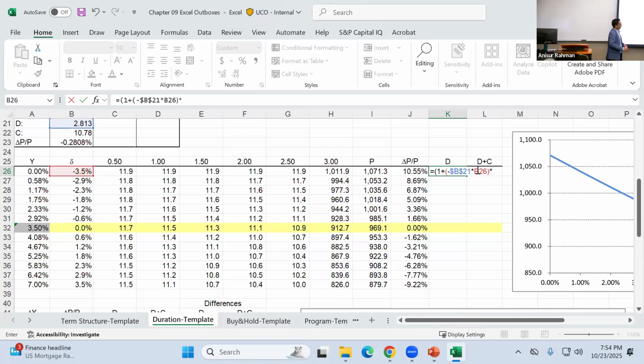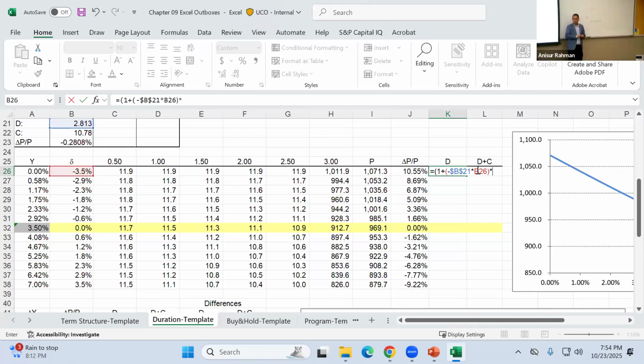So let's say, it may not be very obvious because of the way I wrote it. So this is your return, right? And this return is coming from delta P divided by P, right? And how do you find out then the new price? 1 plus R times the old price, isn't that right?